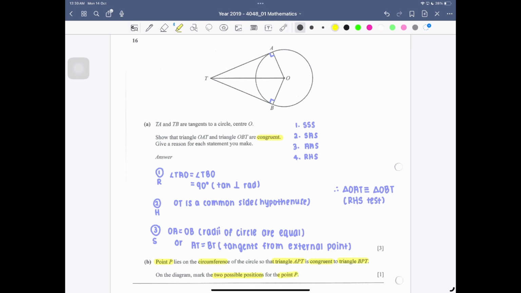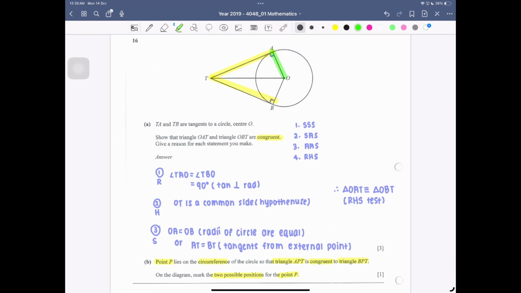Now, do take note that AT comes from here and BT comes from here. As you can tell, AT and BT are already equal in length because they are tangents from external point. To mark out P such that it forms equal distance from A to B, we make use of the radius.